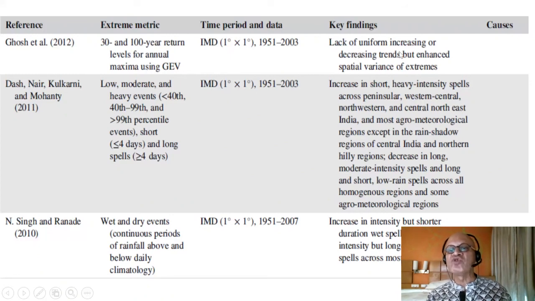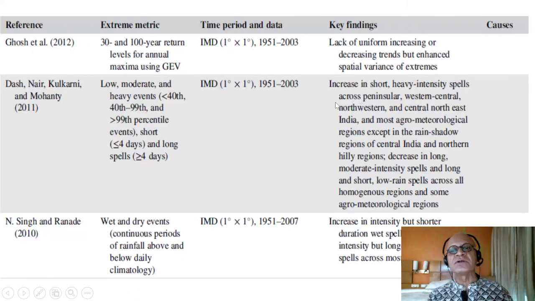Found that lack of uniform increasing or decreasing trends in terms of temporal extreme metric. So instead it talks about enhanced spatial variance of extremes, which we will see again in a figure which we already saw once before.